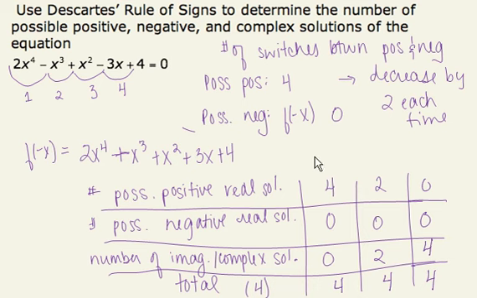Therefore, in this chart, in terms of possible positive, negative, imaginaries, we've got 4, 0, and 0, 2, 0, and 2, or 0, 0, and 4 for our solutions.